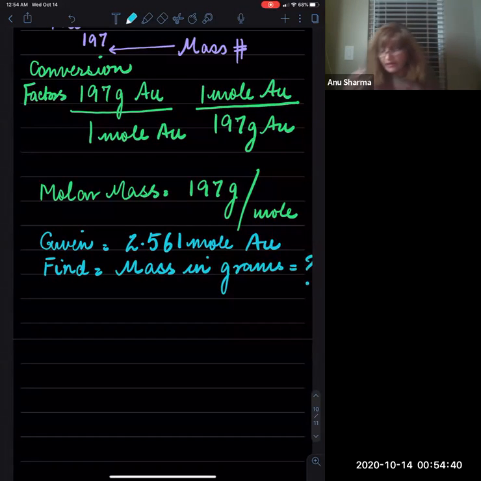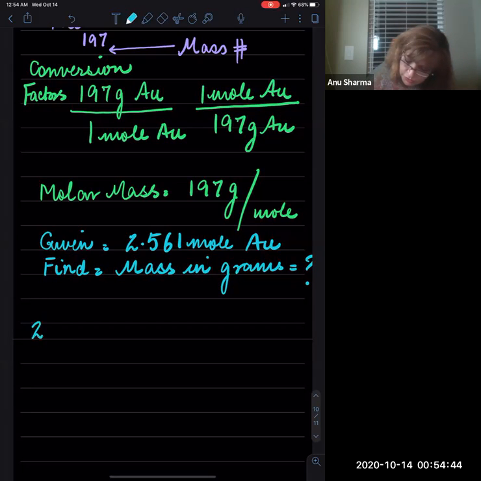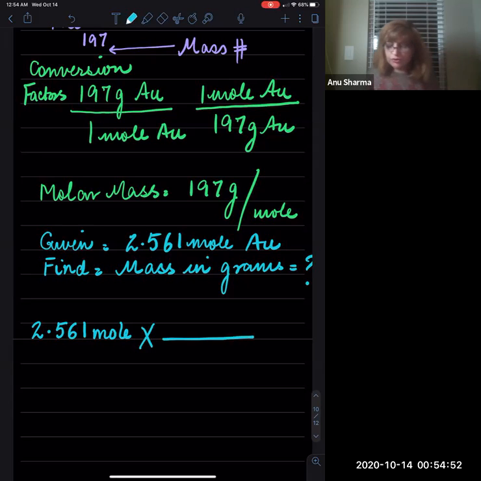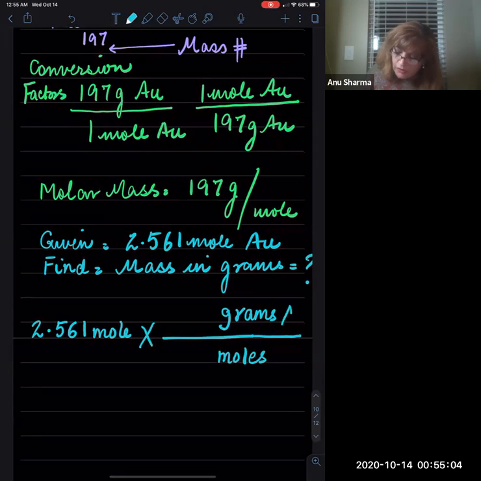How much is that? So we are going to write down what is given to us, which is 2.561 moles. Multiply by, now we are going to cancel out the moles, so that we don't want. The question is clearly asking us for grams. So you write down the grams on the top and the moles at the bottom: grams of gold, moles of gold.